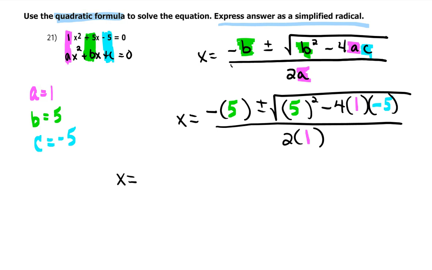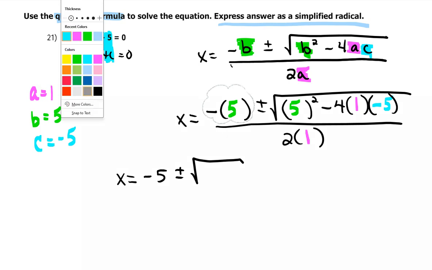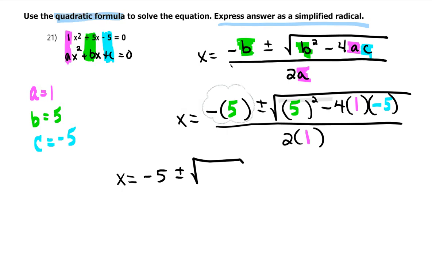Okay. So this right here is just a negative of a 5. So that's just negative 5. And then it's plus or minus the square root of, and if I go inside my parentheses and do all of this on my calculator, 5 squared is 25, and then it's a negative 4 times a positive 1 times a negative 5.